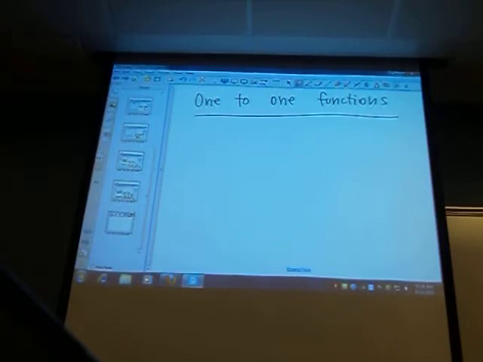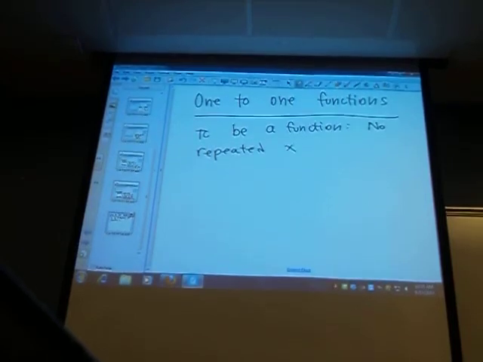Okay, so one-to-one function. Remember when we talked about something being a function, we said it cannot have repeated x values, right? Okay?